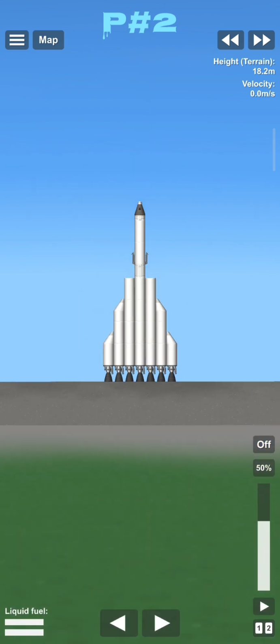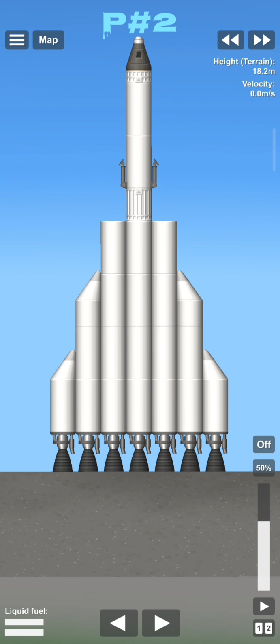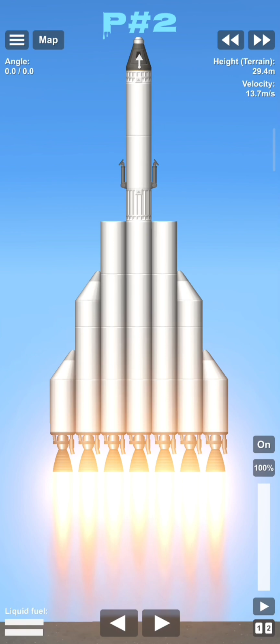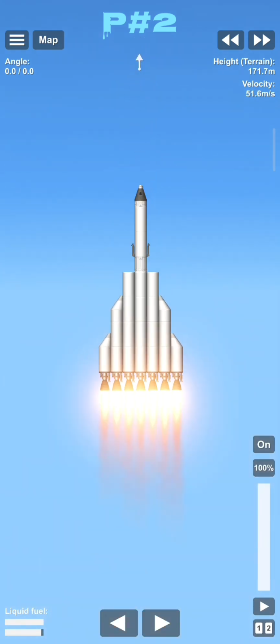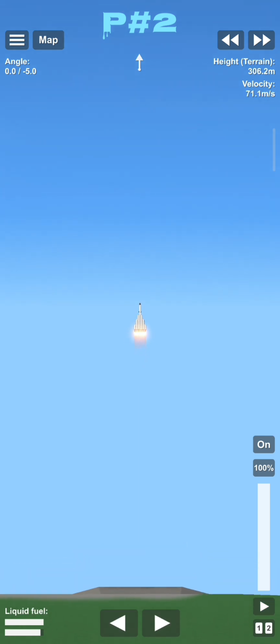So first turn on all the 7 Hawk engines and full efficiency. Let's lift off the rocket. Hooray! We done it.